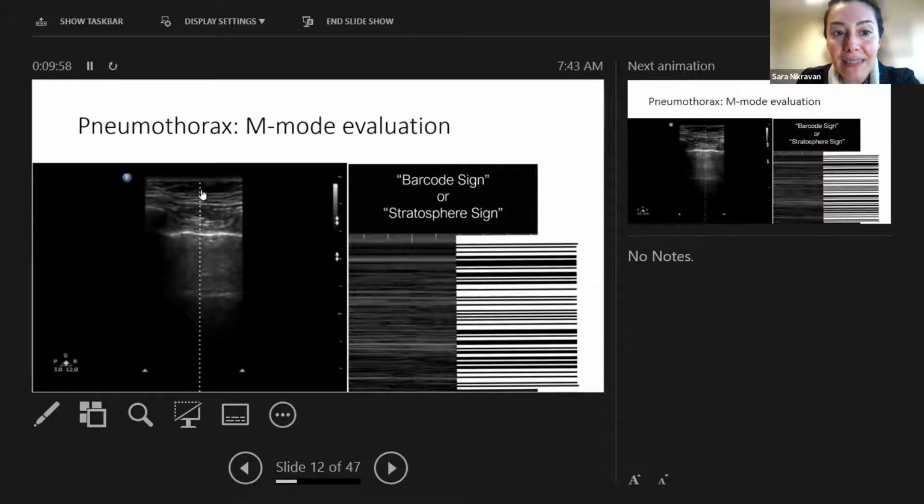It basically means the chest wall area that was static and not moving, that lack of motion, is propagated across the entire screen. You no longer get that sandy beach sign, you just see stasis all the way through. So this is another way to validate that, yes, indeed, I don't see any lung sliding.